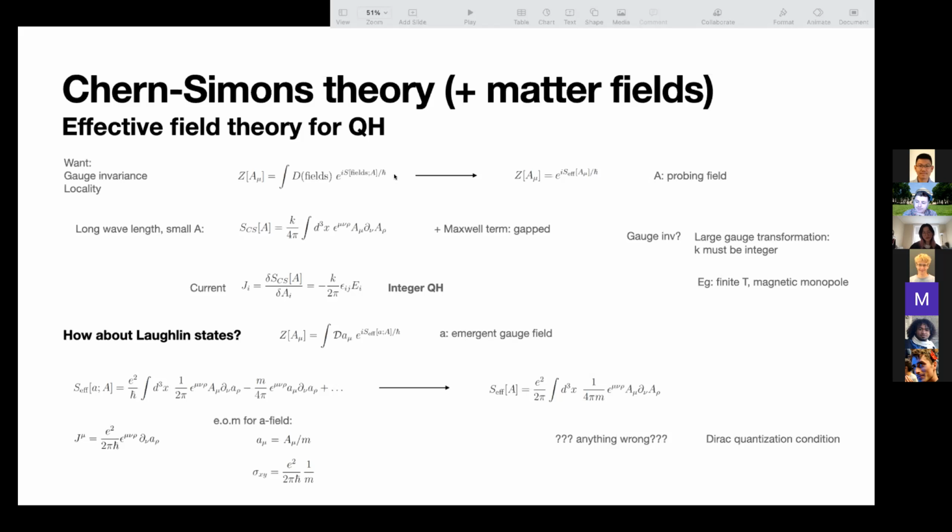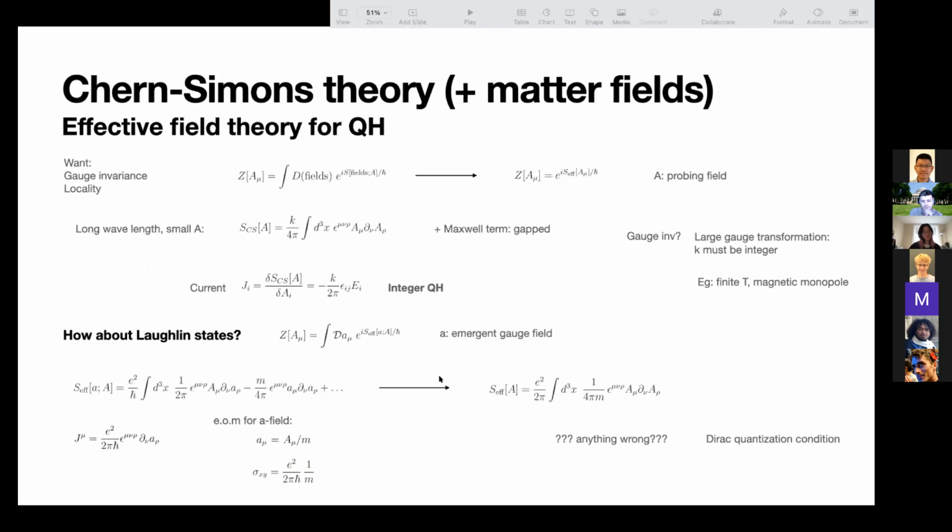So from a general consideration of a reasonable field theory, we require the theory to be gauge invariant, and we also want it to be local. We're also dealing with probing fields, so we want an effective theory at long wavelengths and relatively small gauge fields.